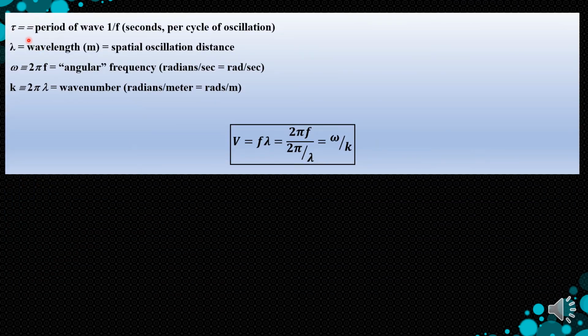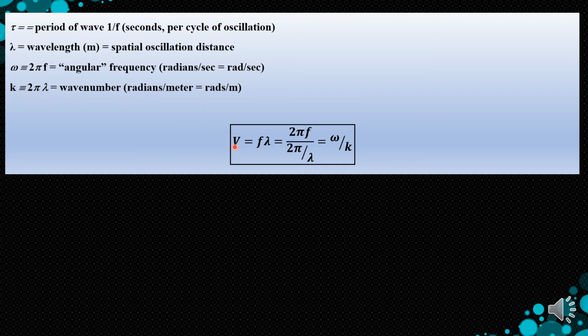Time period T is the time period of the wave, which is the reciprocal of frequency. Lambda is the wavelength in meters. Omega is the angular frequency, which is equal to 2 pi f, measured in radians per second, and k is equal to 2 pi over lambda. k is called the wave number.